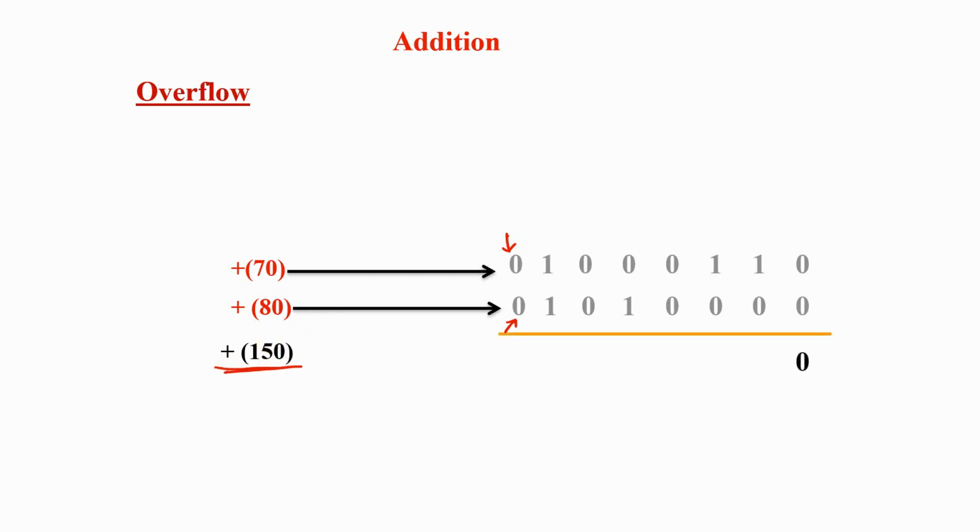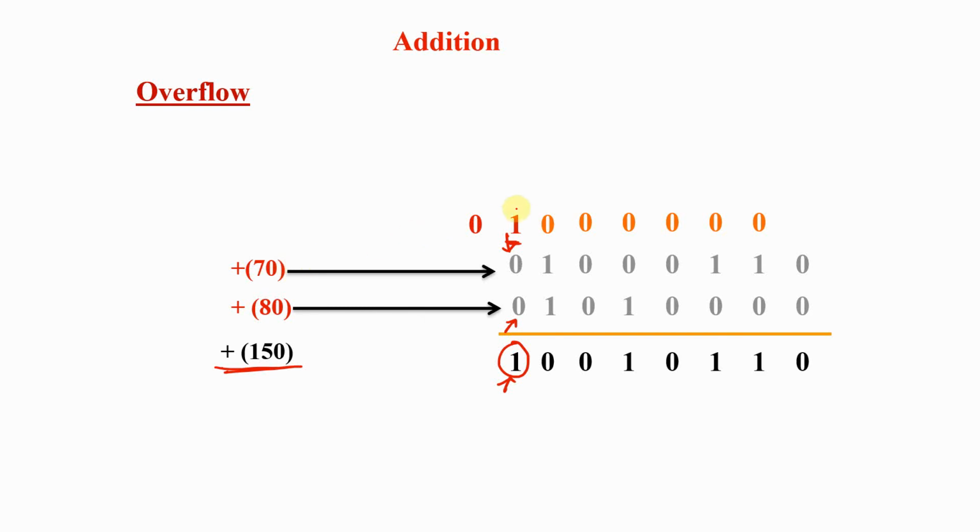Adding bit by bit, the carry into the sign bit is 1, and it gives a carry out of 0. The sign bit of the result is 1. It means when you add two positive numbers you get a negative number, so we call it an overflow.